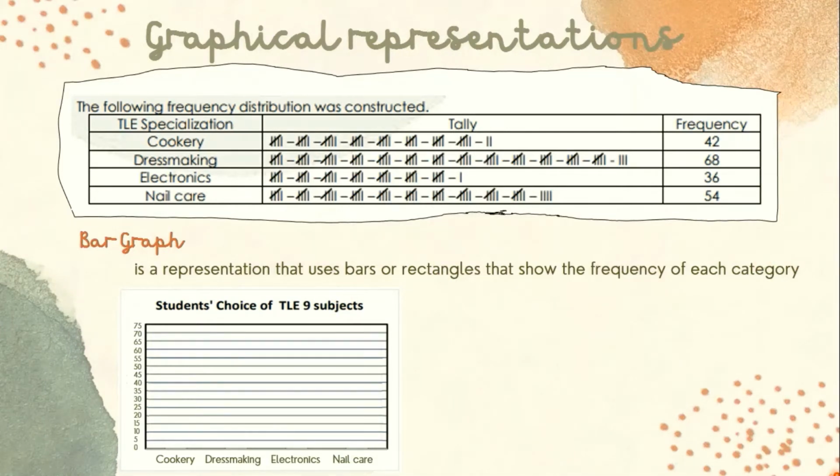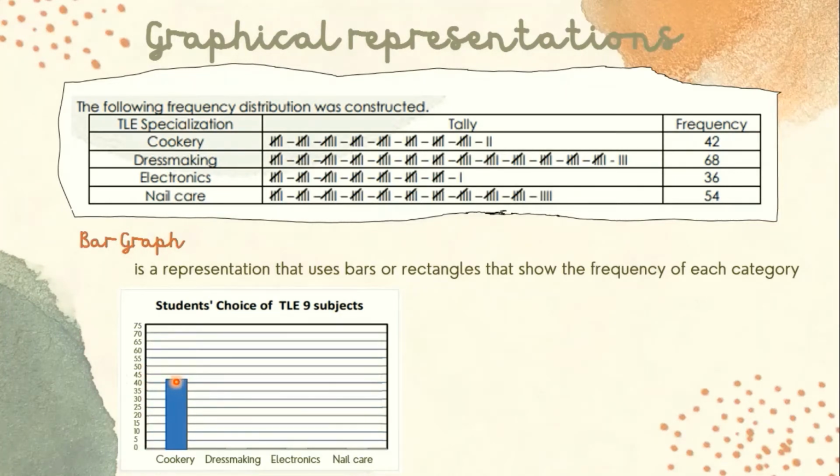Simulan natin sa cookery. For cookery, according to the frequency distribution, we have 42 responses. Ito yung cookery. Ito yung ating ginamit na bar. Ilagay natin yung bar natin sa tapat ng cookery. From 0, hahanapin natin yung 42. Now, 42 is in between 40 and 45.